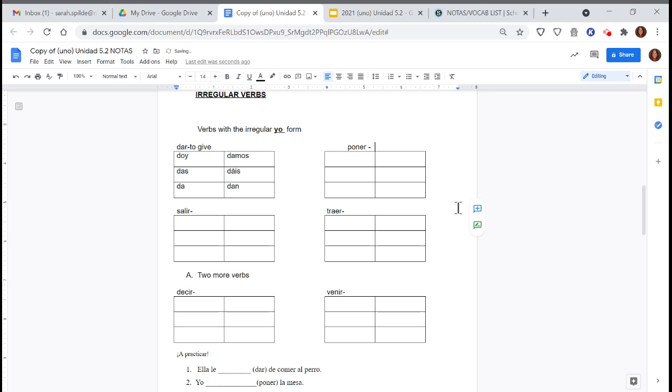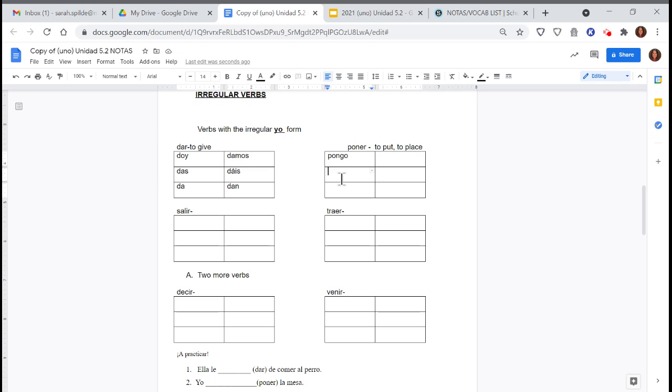For example, poner is an ER verb, and we know that means to put or to place. If I took off this ER ending, which needs to go away, my verb in the yo form is going to be pongo. Notice I add that G there. Pongo would be I put or I place.